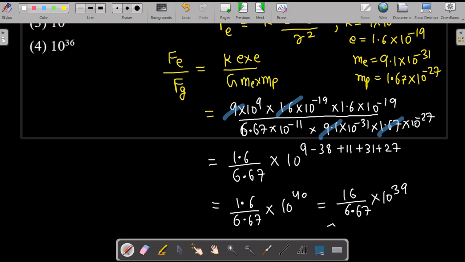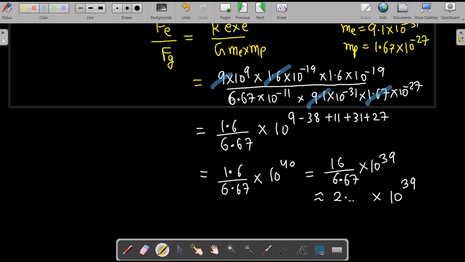So this will come approximately 2 point something, into 10 raised to the power 39. So now we can see the order is 10 raised to the power 39. Why is this the order?